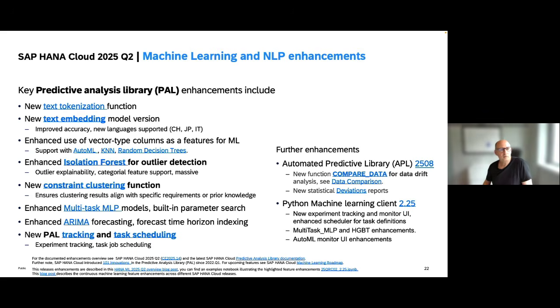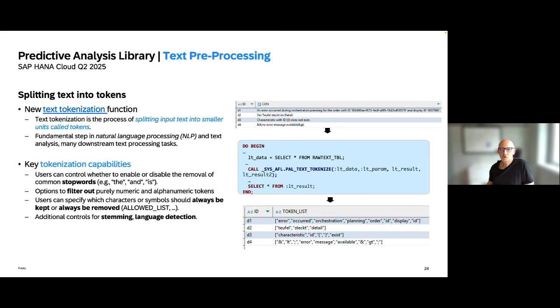So here's the example of the new text tokenization function, where, as already mentioned, we have some input text which we process. That could be log text or whatever kind of large text you have. And before maybe even splitting the text into smaller chunks, you may want to parse it and exclude stop words or specific words, with allow lists which you can specify, or drop lists of words which you don't want to be part of the tokenized text for further analysis.